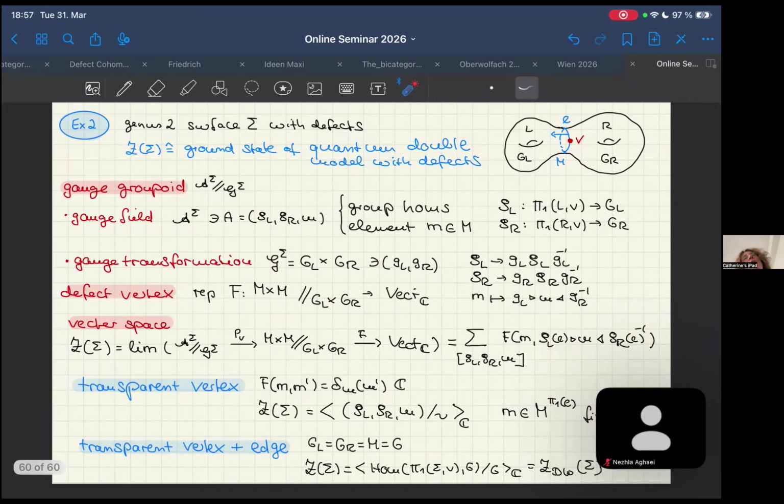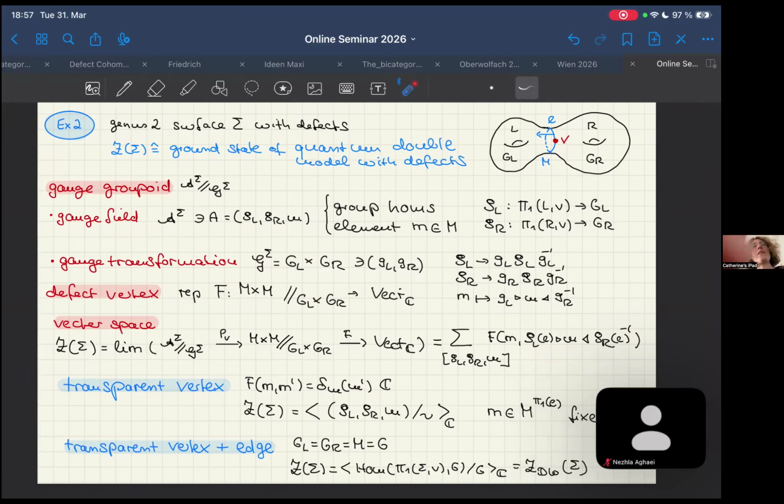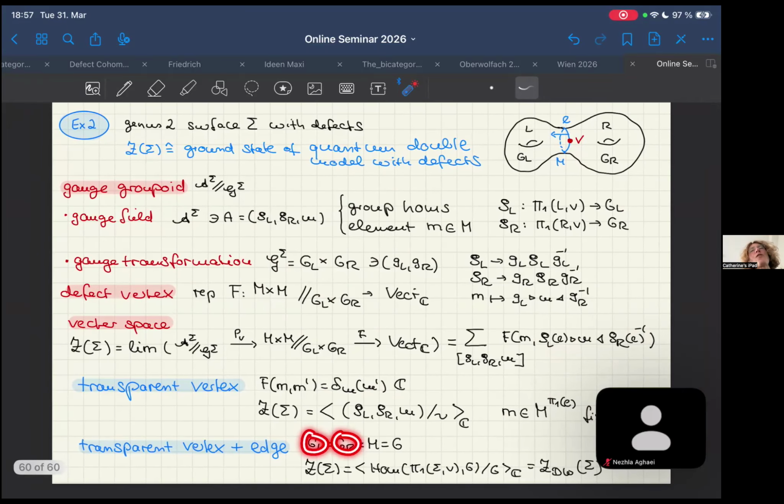And if I make the vertex transparent and I make the edge transparent, then it means G left is equal to G right is equal to M is equal to G. In this situation, I get back what I have from Dijkgraaf-Witten TQFT without the defects, namely just the free vector space generated by group homomorphism from the fundamental group into the group G up to conjugation.